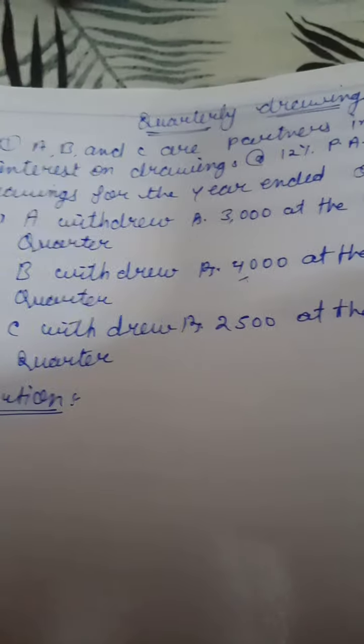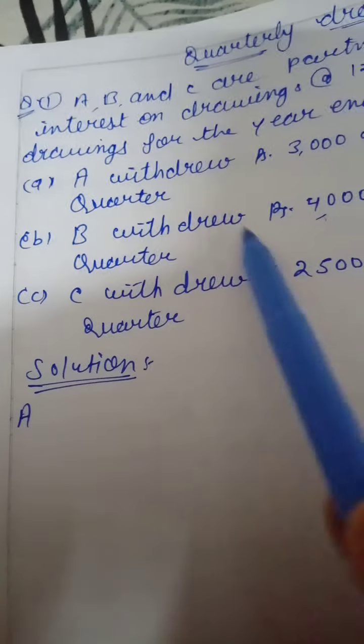The drawings are: A withdrew rupees 3000 at the beginning of each quarter, B withdrew 4000 in the middle of each quarter, and C withdrew at the end of each quarter.